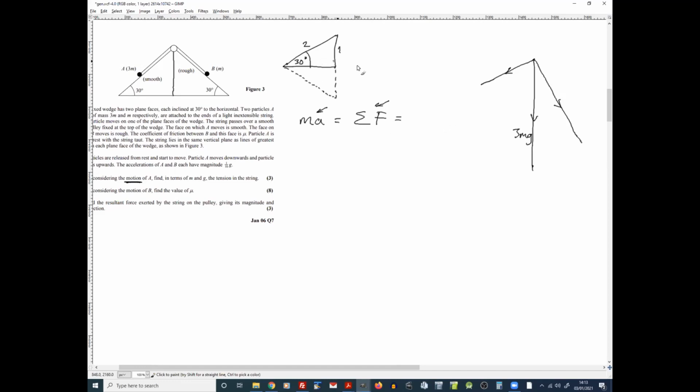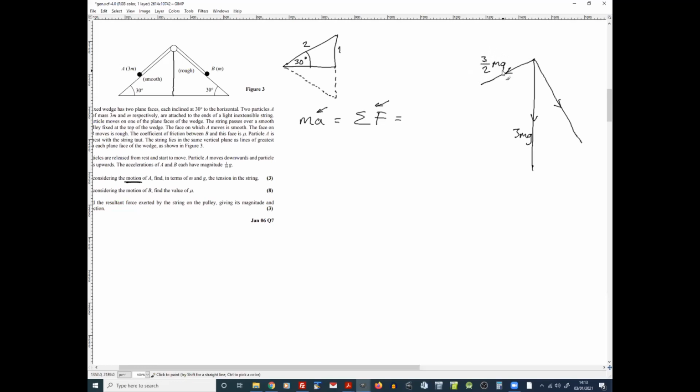But sine 30 is a half. And anyway, look, it's the same triangle. So yes, of course, this is going to be half of that. So how much of the weight is acting down the slope? 3 times a half, 1.5mg.